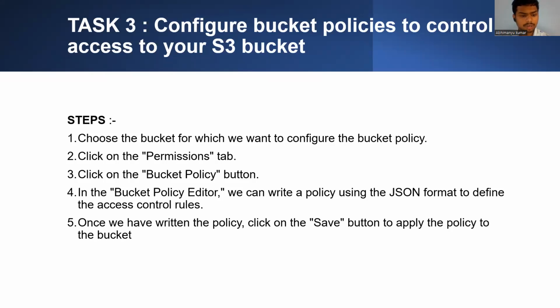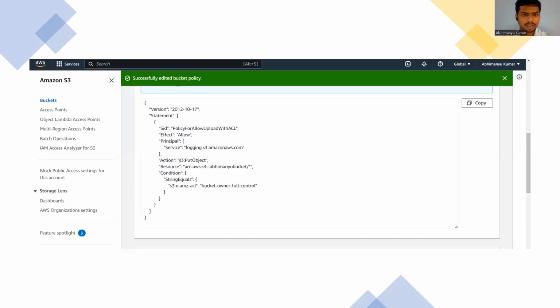Under the bucket policy editor, we write JSON text to create a policy. Once written, we click the save button to apply the policy to the bucket. There are many pre-written policies we can use, or if you are good in JSON format, we can type one on our own.